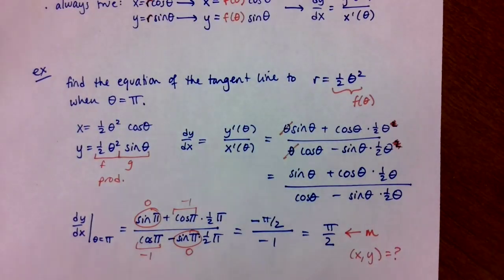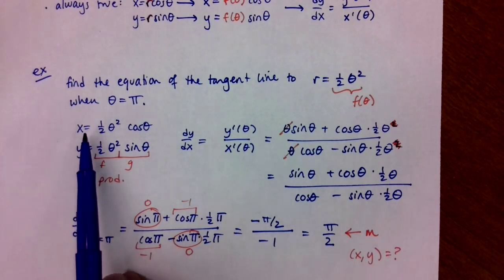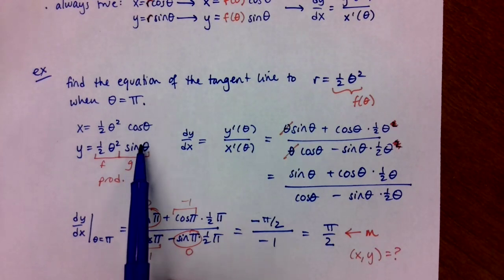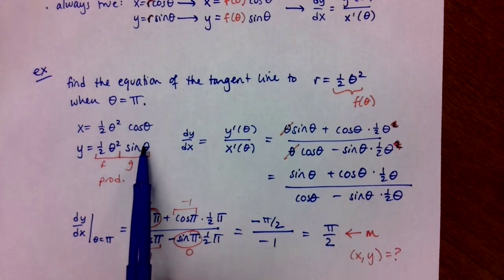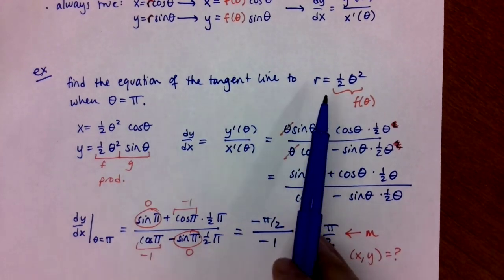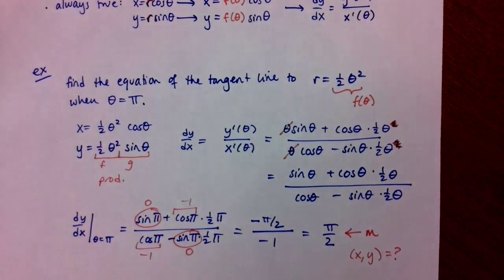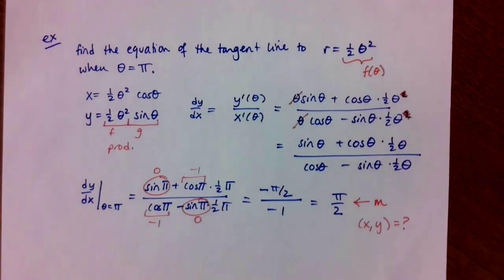And we have kind of two ways to do it. So we have x as a function of theta and y as a function of theta. So we can plug in this theta value pi. Or we could separately compute the radius first and then just put that number in there, but it's very equivalent. Okay, let's do it all at once.